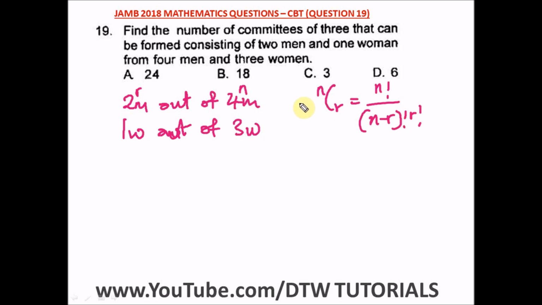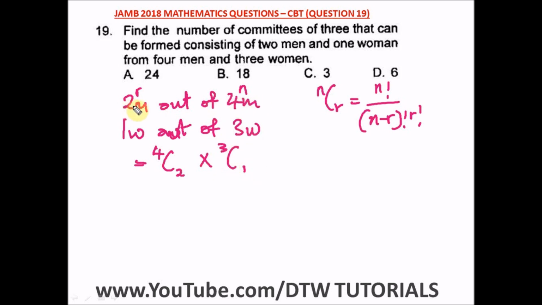So the question says find the number of committees of 3 that can be formed consisting of 2 men and 1 woman from 4 men and 3 women. So our formula to find this will be, for the men, we have 4 combination 2, then multiply by the women, 3 combination 1.